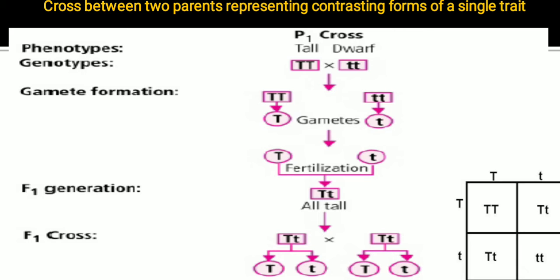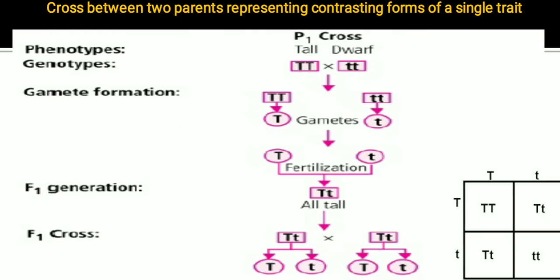Gamete formation: true breeding tall is the dominant character, and the recessive character is dwarf. After the artificial pollination, the pollinated flower was properly covered and the seeds were allowed to mature.